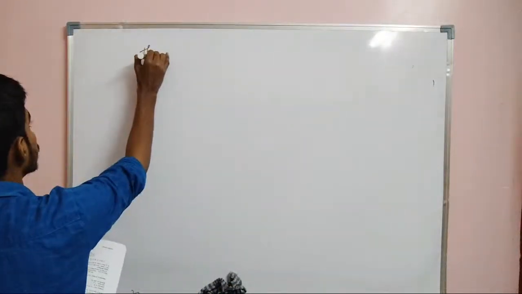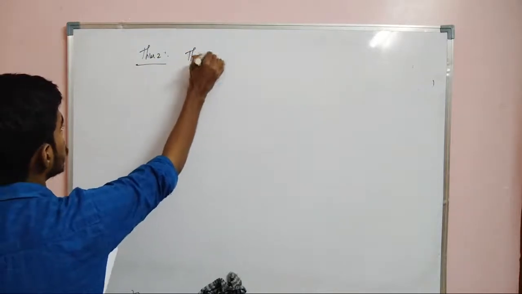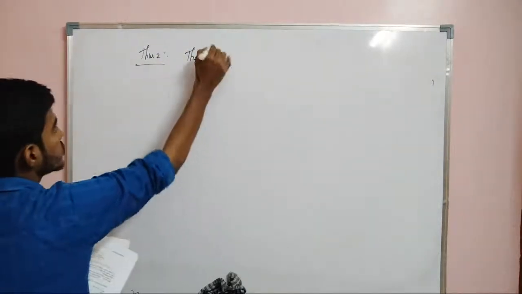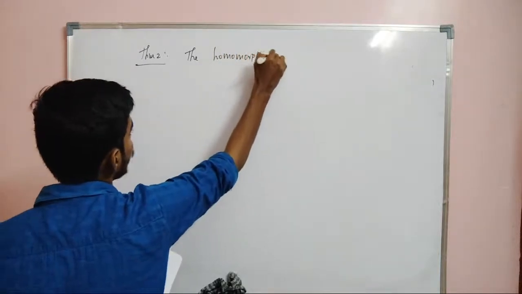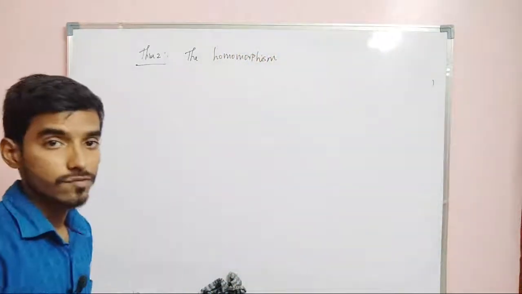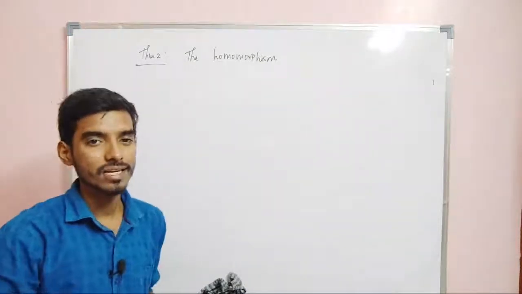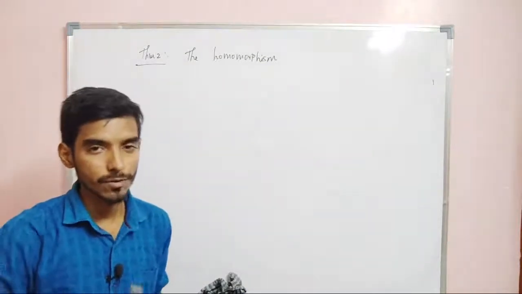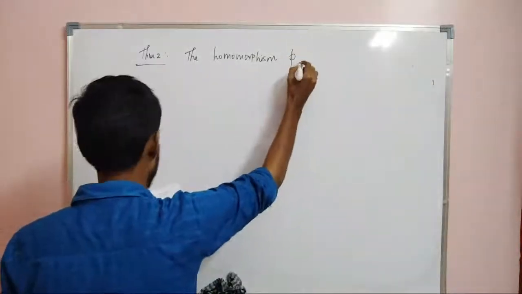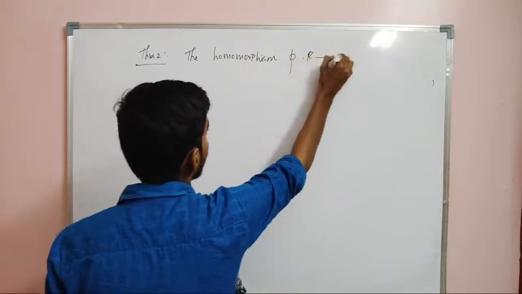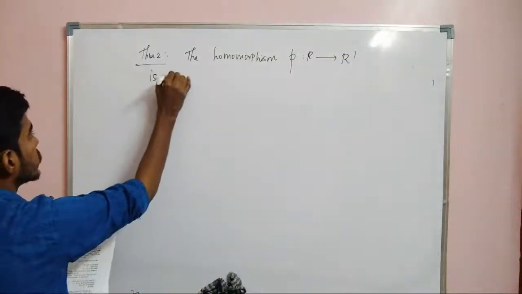Theorem 2. The homomorphism will be an isomorphism if it is 1 to 1 and onto. So the other condition is that the kernel of f contains only the identity element, which we already saw in group theory also. The homomorphism phi from R to R dash, these two are rings, is an isomorphism.